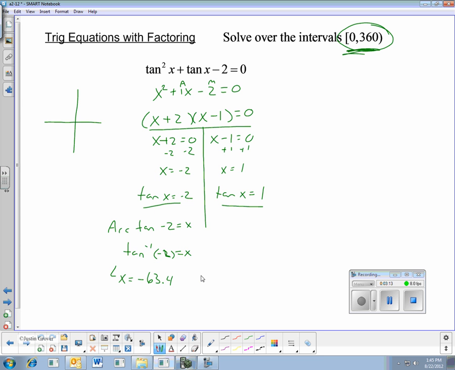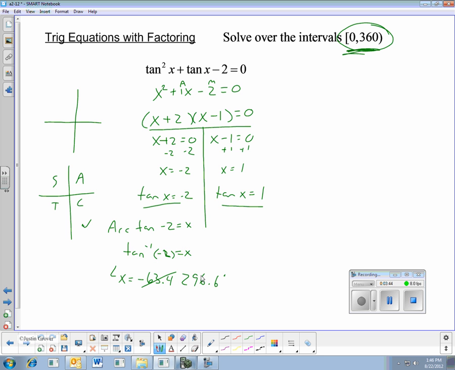So instead of this, I'm going to use 296.6 degrees because I like positive angles better. And that is in our fourth quadrant here, which makes sense because tangent's negative in our fourth quadrant. We got our fourth quadrant angle because tangent's negative, negative 2 there.